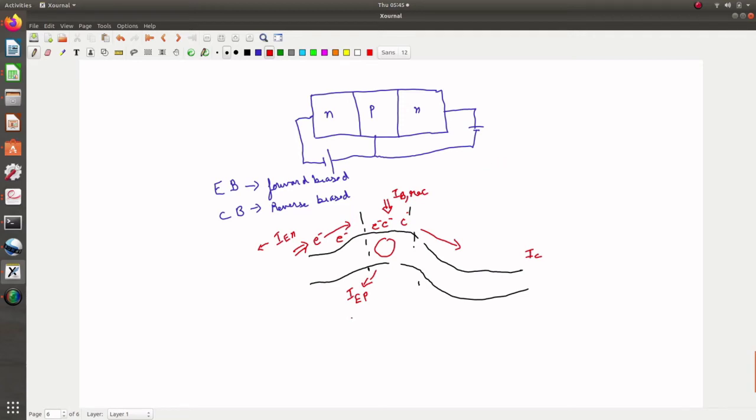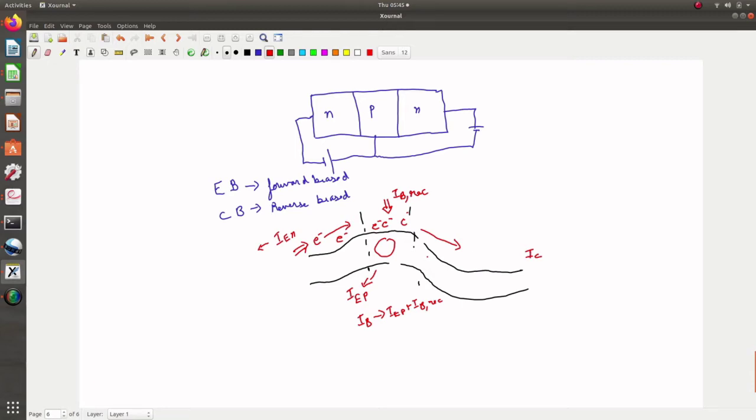So in a general term, the IB is constituted by both the emitter current due to holes and the base recombination current. This is regarding the first junction, which is the junction between emitter and base.